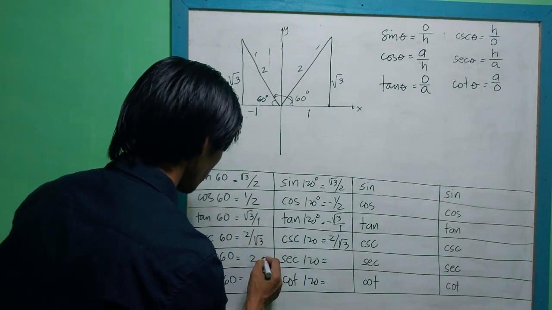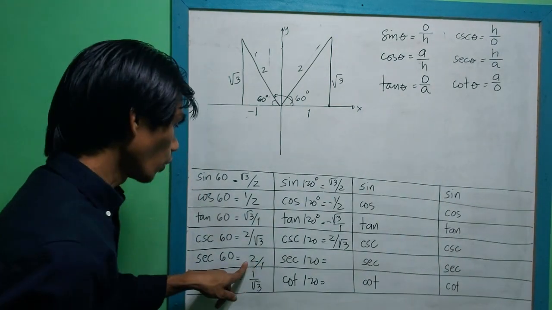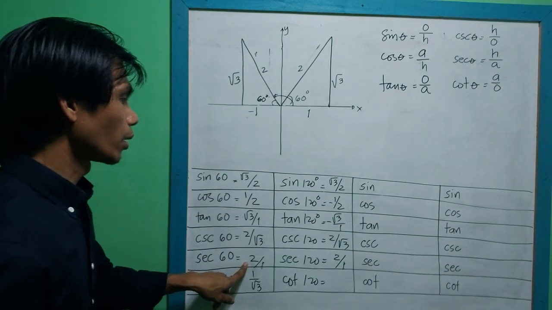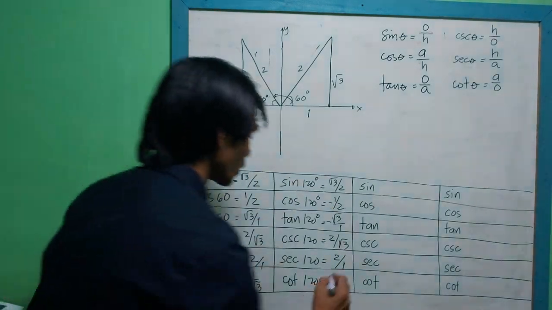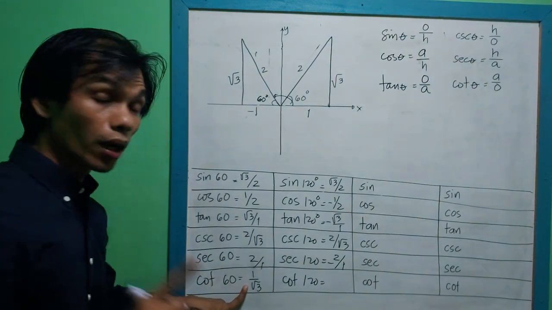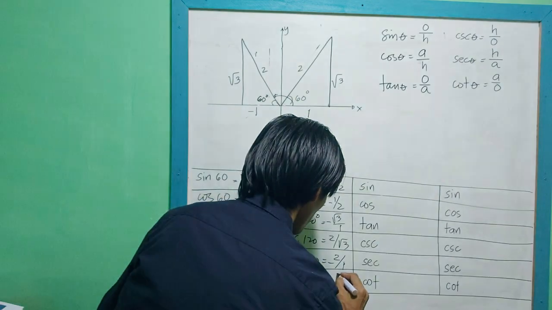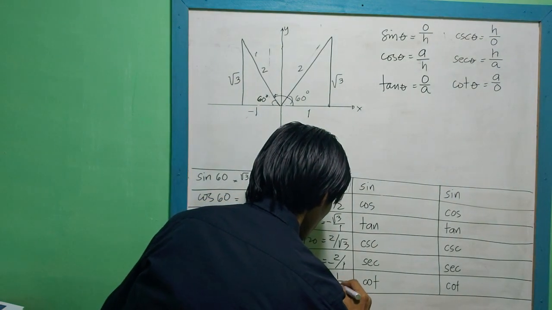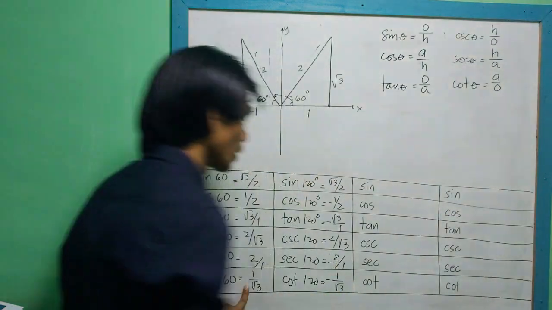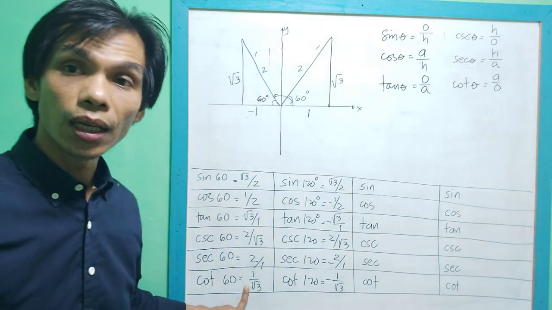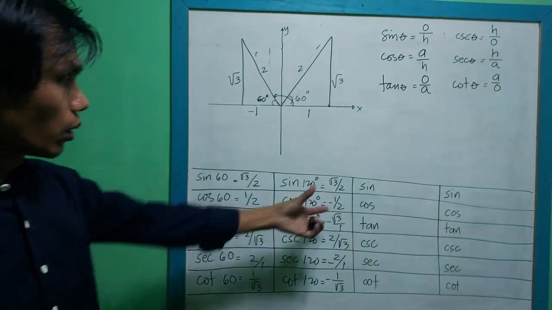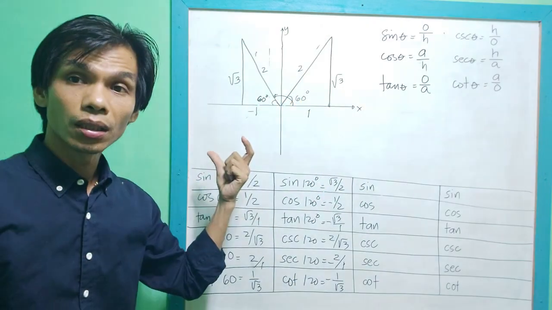Yan, ilagay nga natin para hindi nakakalito. 2 over 1, pero negative yung 1. So, negative 2 over 1. Ito naman is 1 over square root of 3 pa rin. Yun nga lang, yung 1 mo is negative. Ganun lang. Okay? So, eto, 120.